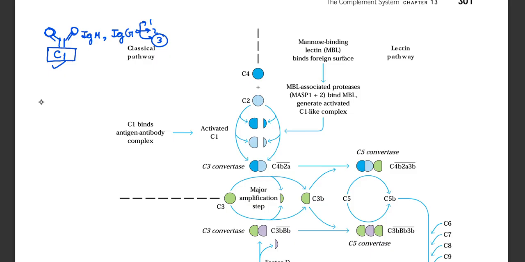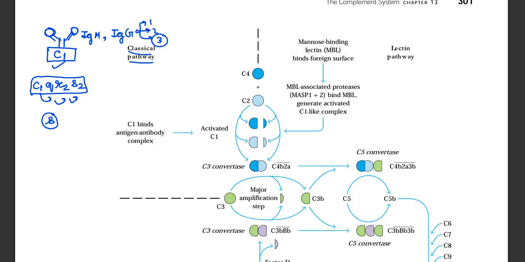Now C1 itself is made up of a complex which is C1q, R2, S2. These are the subparts of C1. As soon as the antigen attaches itself to the antibody, including IgM or IgG, the C1 gets activated and undergoes self-cleavage, in a way that the S unit becomes free.